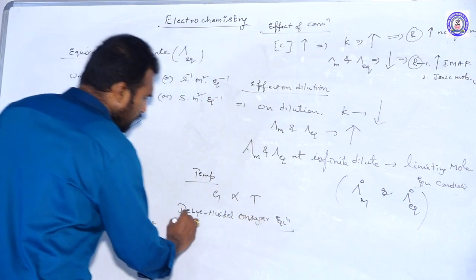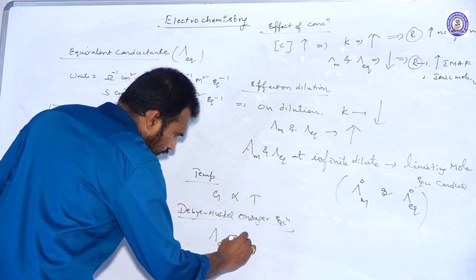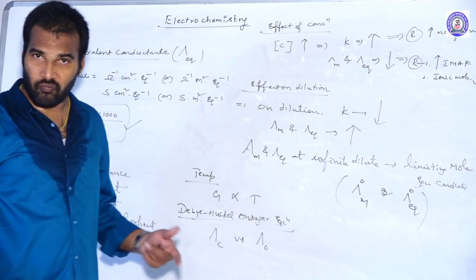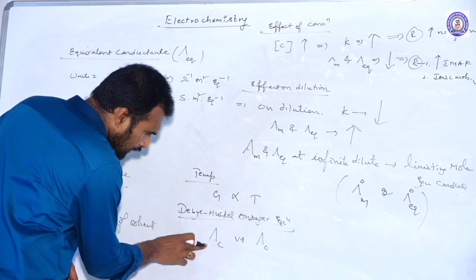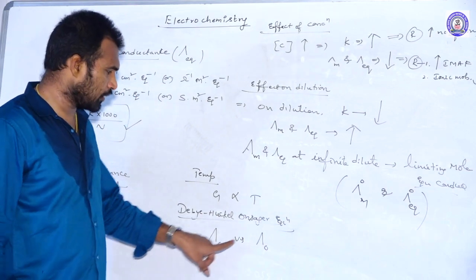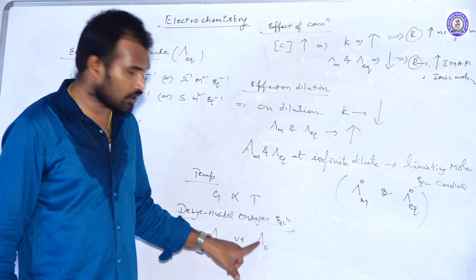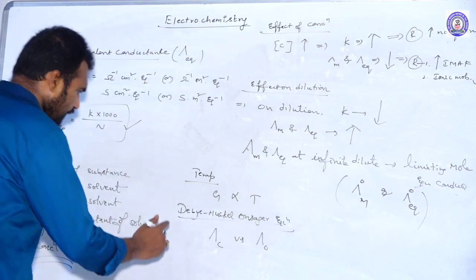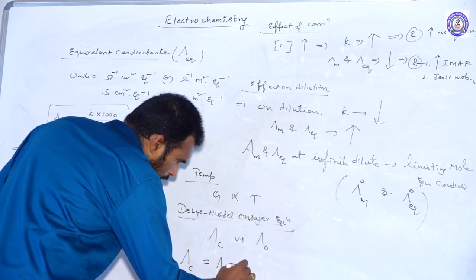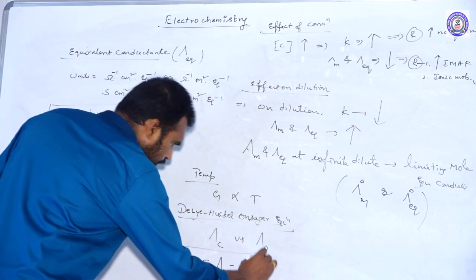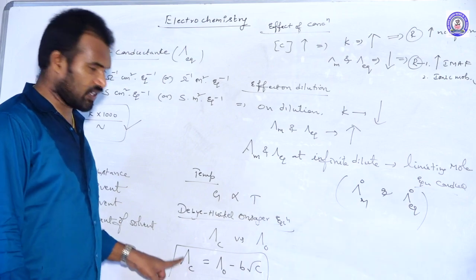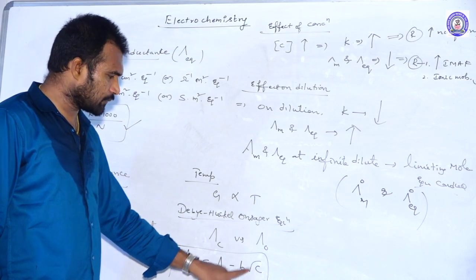It gives the relation between Λc and Λ°. Λc means the molar or equivalent conductance at a particular concentration C, and Λ° is the equivalent conductance at infinite dilution. The relation given is Λc = Λ° − B√C.